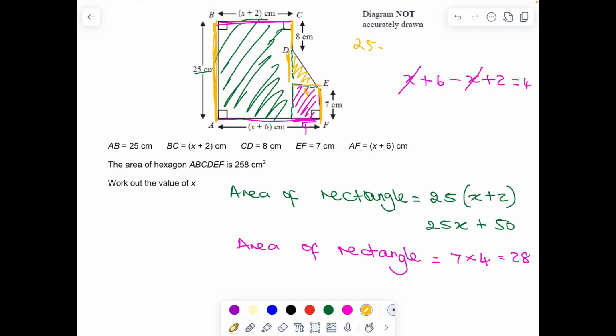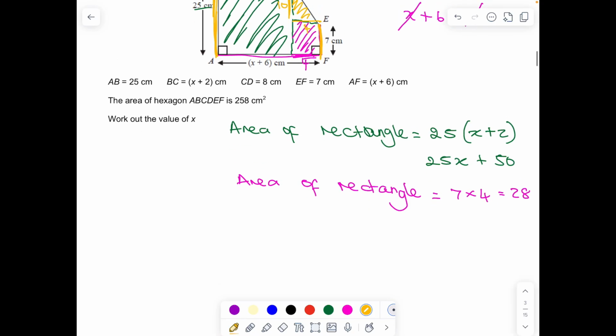So I just need to take away the 7, take away the 8, and that leaves 10. So this must be 10. So the area of the triangle is 10 times 4, and then remember we halve it, so it's 20.